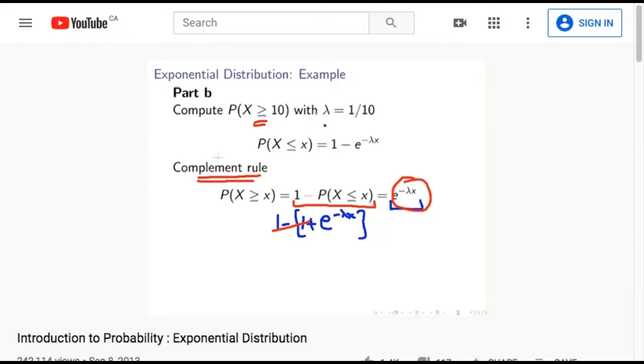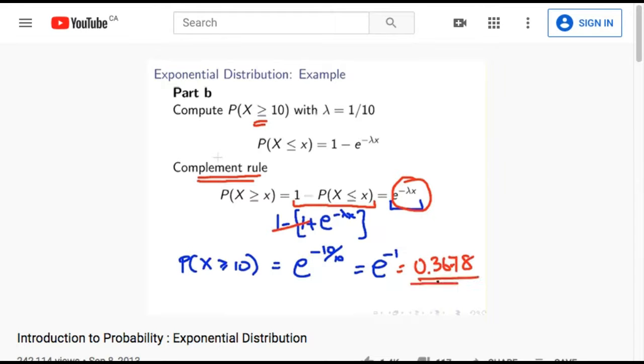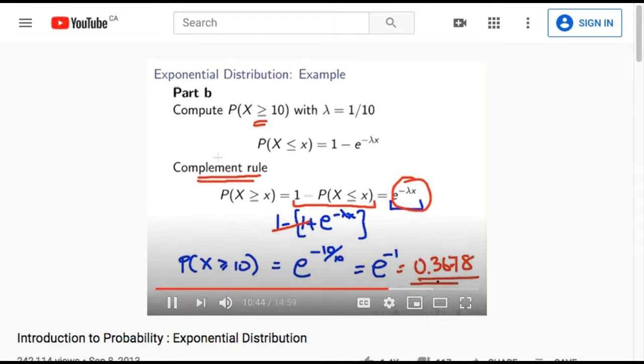So what is it? Well, we have small x is 10 and lambda is 1/10. So the probability of x greater than or equal to 10 is equal to e to the minus 10 over 10, which is e to the minus 1. And working that out on a calculator, we get 0.3678.